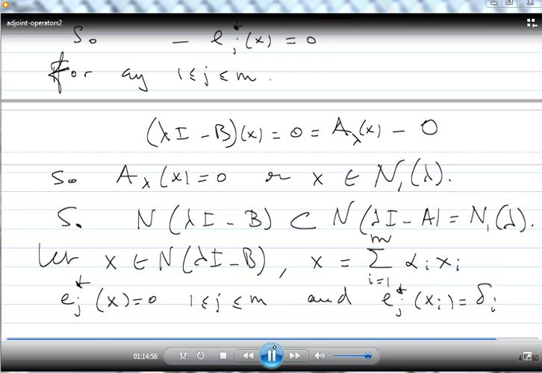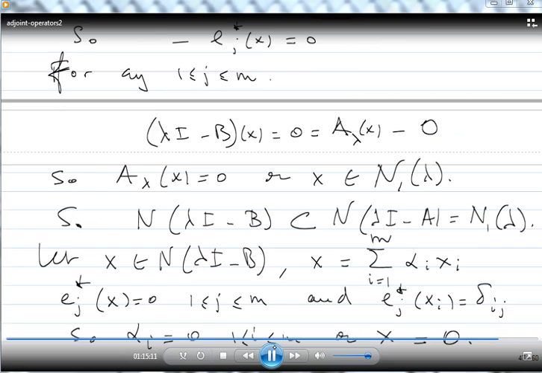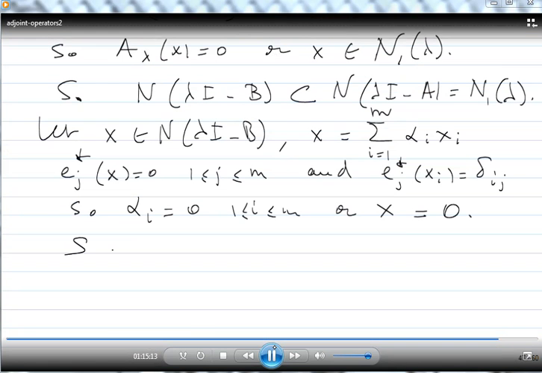So the alpha i's are all equal to 0, or x is equal to 0. So the null space of lambda I minus B, in fact, is 0.